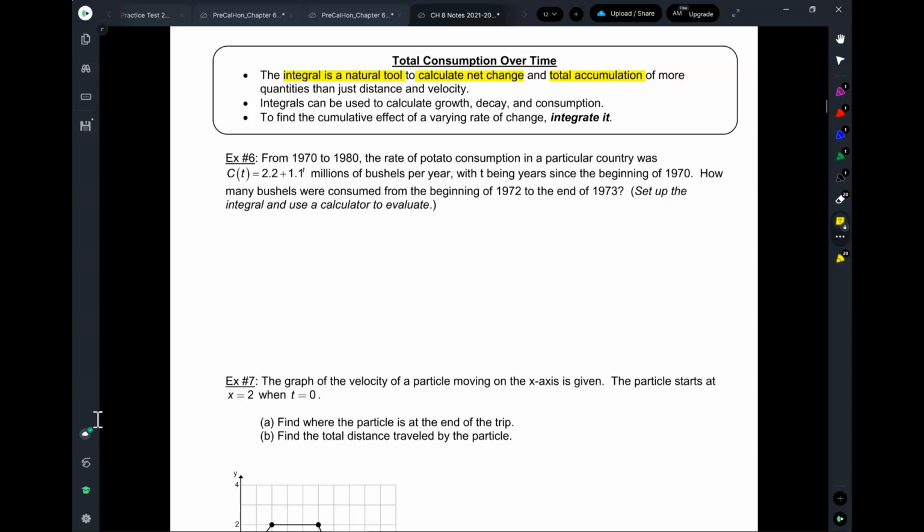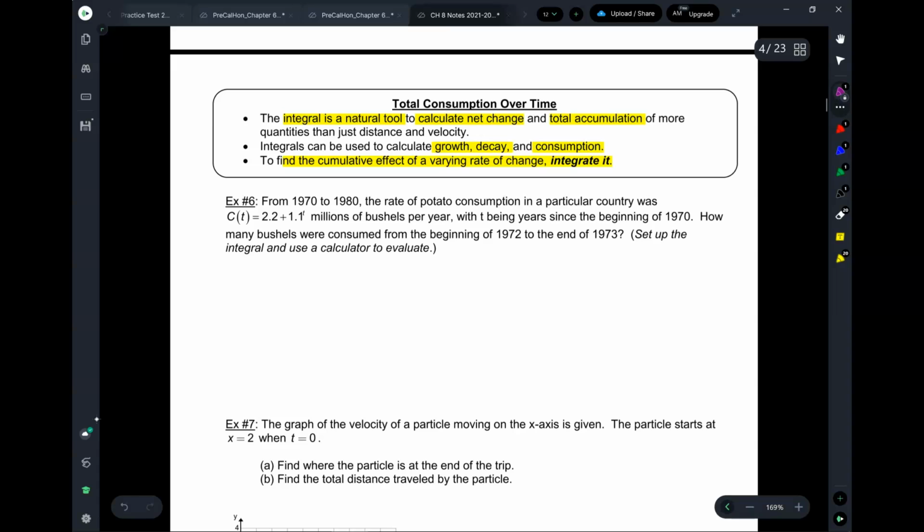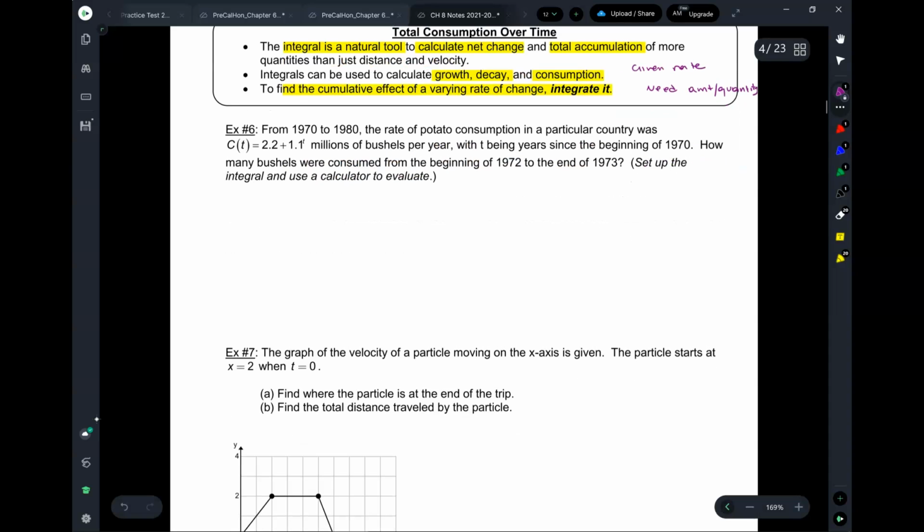We can use this for growth, decay, and consumption. If you want to find the cumulative effect of a varying rate of change, you have to integrate it. What we're going to be doing here is you will be given a rate and you will need to find an amount or a quantity. All right, so take a look at the first one.